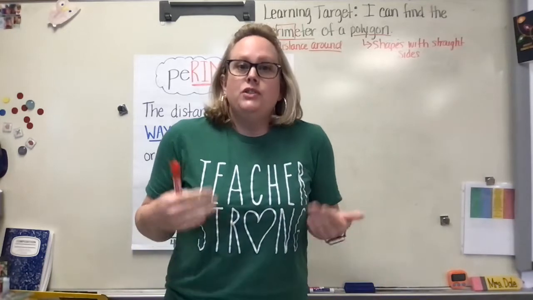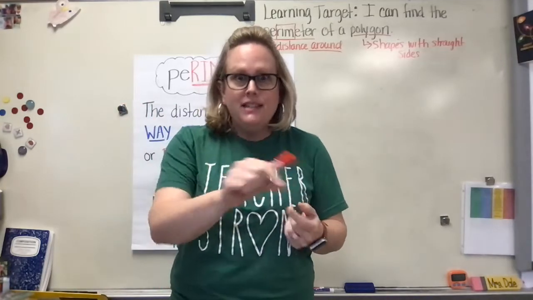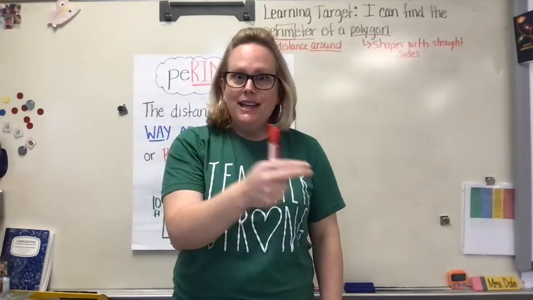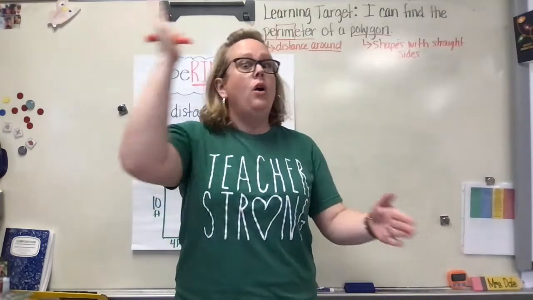I have 2 dogs, and so when I put them in a yard with a fence, the fence has to go all the way around the yard, or the puppies can get out. So our perimeter is the distance all the way around. We have to cover all of the sides and figure out what that distance is.